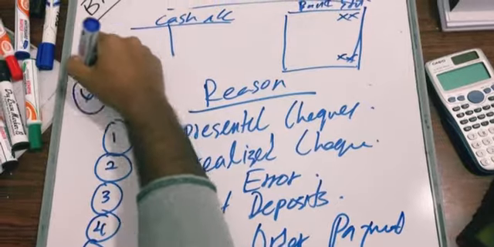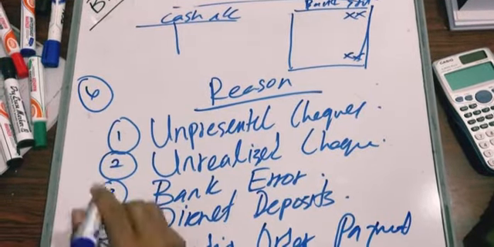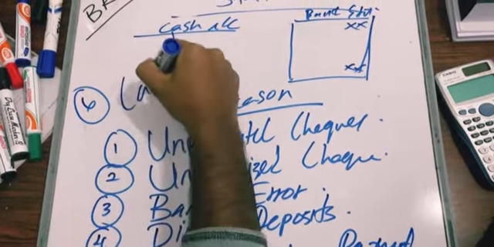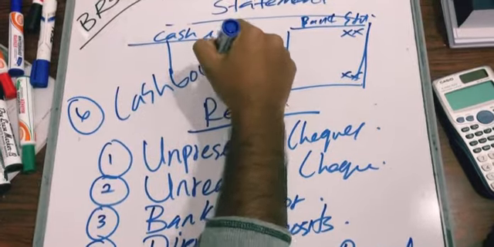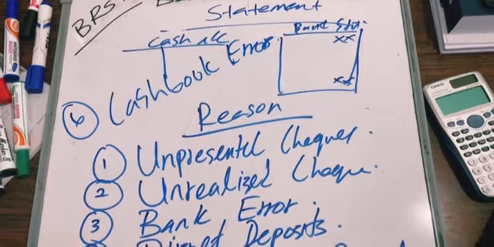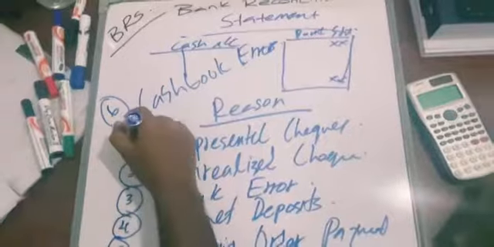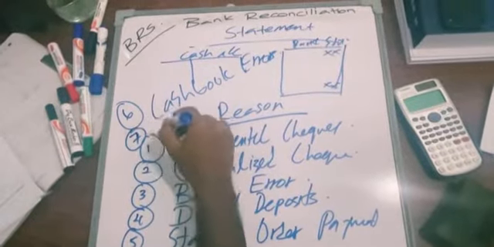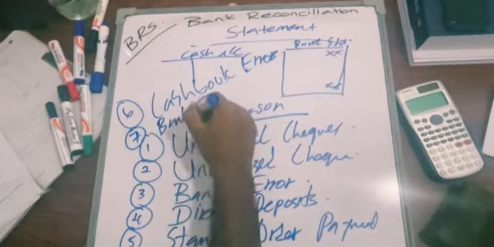Number 6, cash book errors. Number 7, the final one, bank errors.